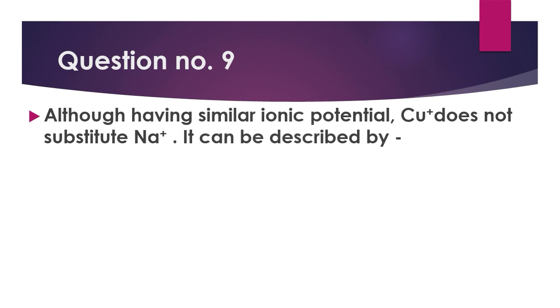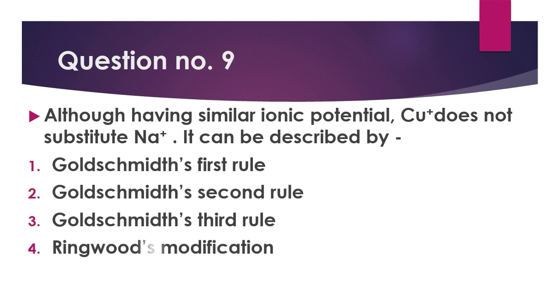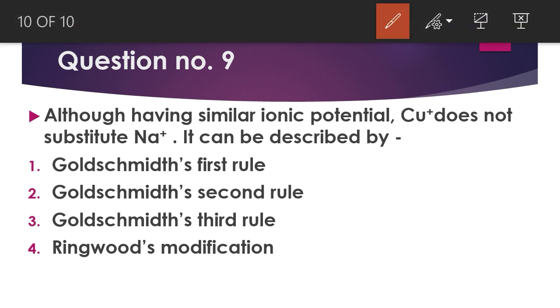Now ninth question, and the last question, is, though having similar ionic potential, copper does not substitute for sodium. It can be described by either Goldsmith first rule, second rule, third rule, or the Ringwood's modification. So what happens is, you have any crystal like NaCl.